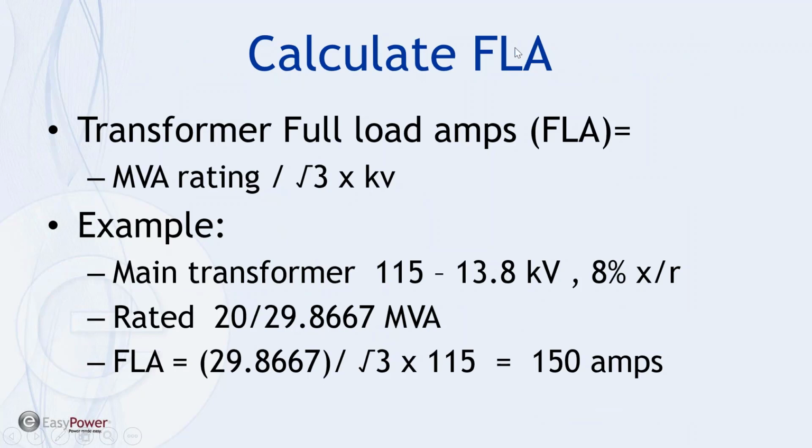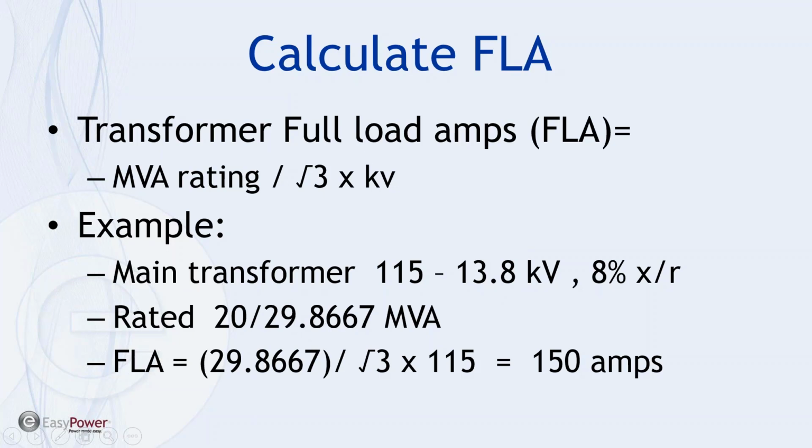To calculate the full load amperage for a transformer, we take the MVA rating, divide by the square root of 3, and then divide that again by the kilovolt rating. So the main transformer in this case is 115 kilovolts on one side, 13.8 on the other, and 8% X over R. And it's rated for, let's say, 30 MVA.